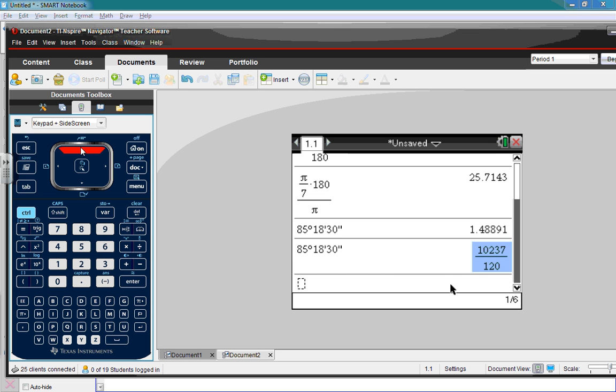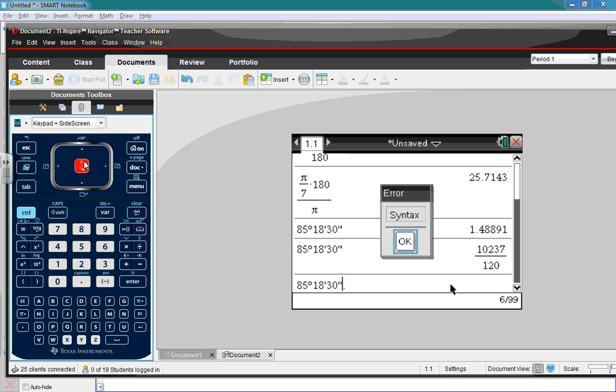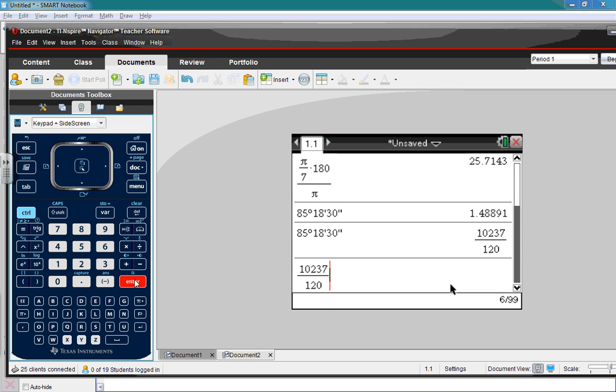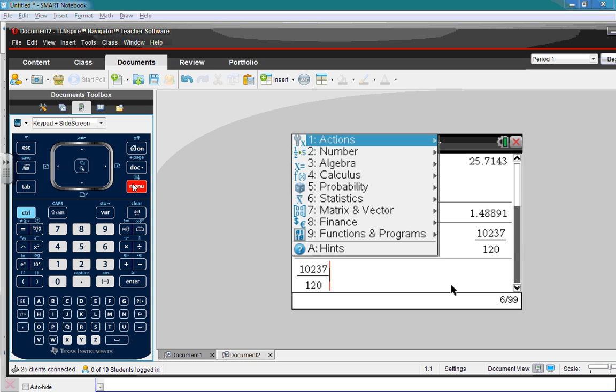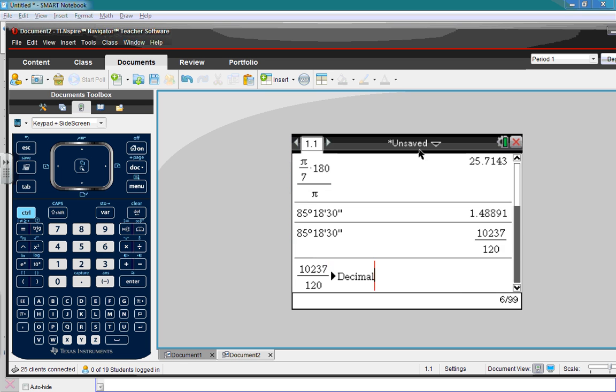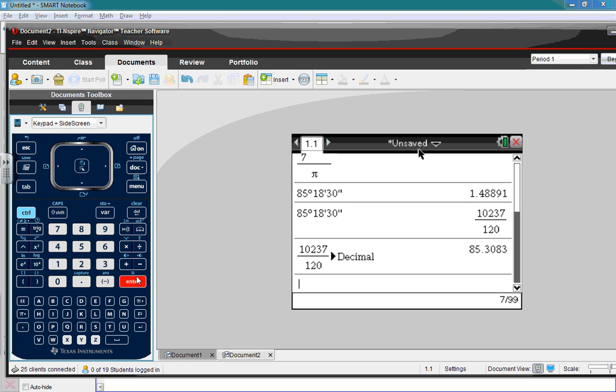If I want that as a decimal, they won't let me do it like that. You can go to menu, number, convert to decimal, and hit enter. It gives you 85.3083.